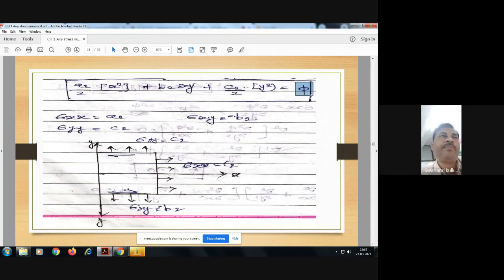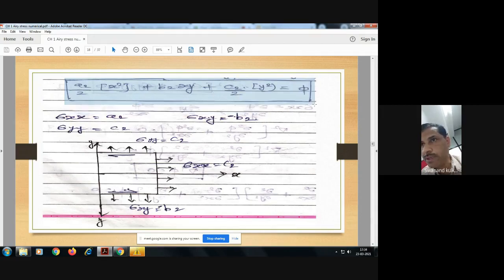Similarly, if we try to identify sigma yy, we know that from Airy stress function, sigma yy is equal to ∂²φ/∂x². So let us differentiate this equation with respect to x first of all.